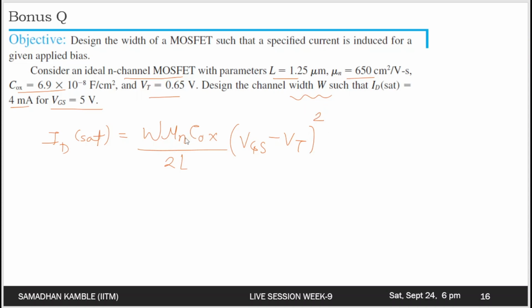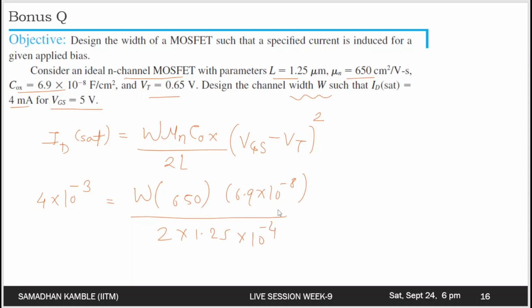So if you just substitute these parameters: 4 milliamp, 4 times 10 to the power minus 3, times W, and the mobility is 650 centimeter squared per volt second, times the oxide capacitance, which is nothing but 6.9 times 10 to the power minus 8 farad per centimeter squared, divided by 2 times the length, which is 1.25 micron, that is 1.25 times 10 to the power minus 4 centimeter.